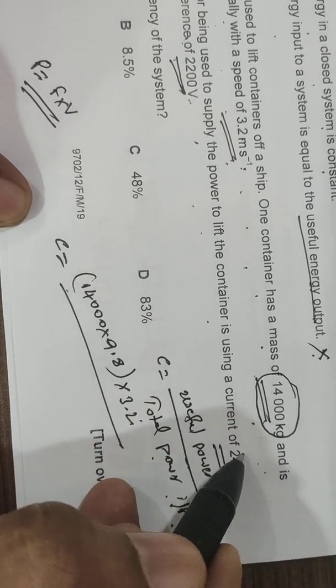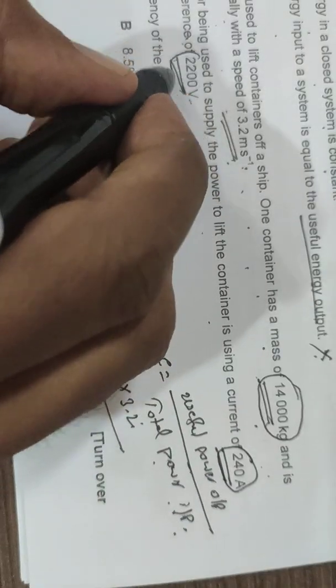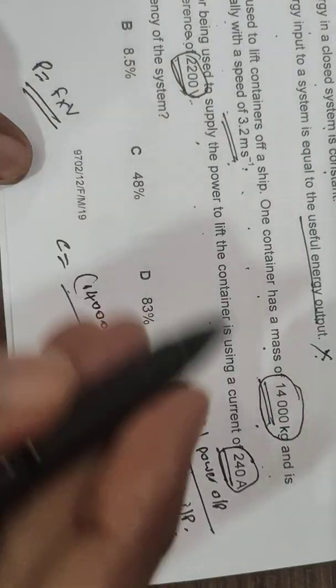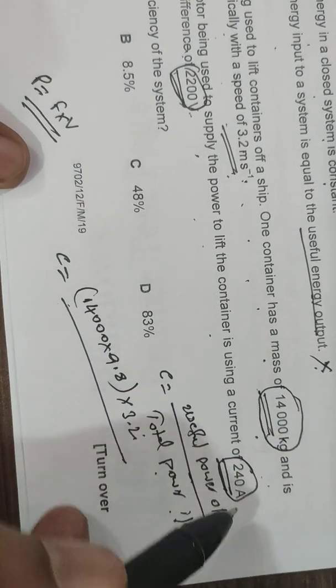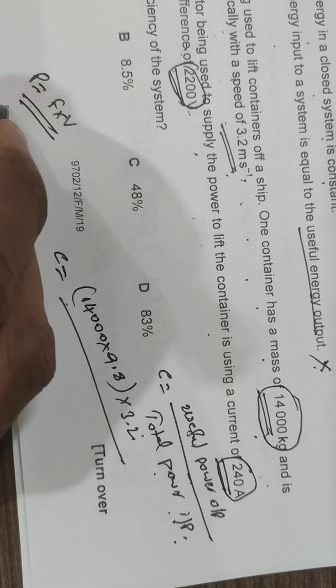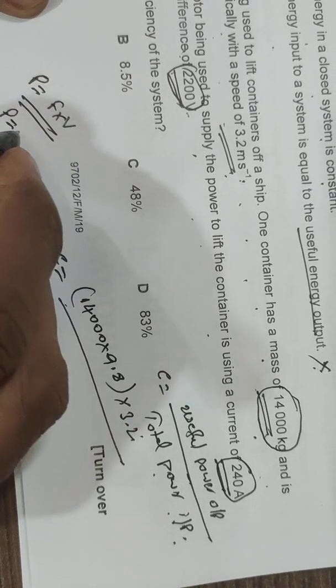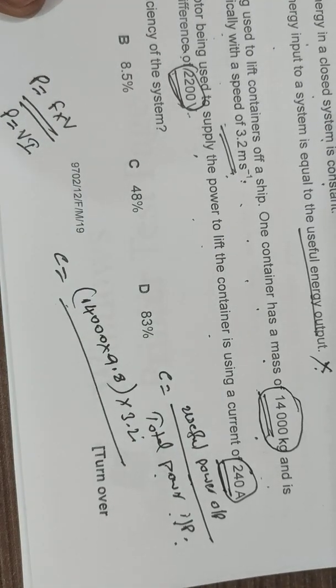What is the total power input? 240 ampere times 2200 volts, which means when the current and voltage are given, the power can be calculated as power is equal to VI, if you remember this formula from electricity.